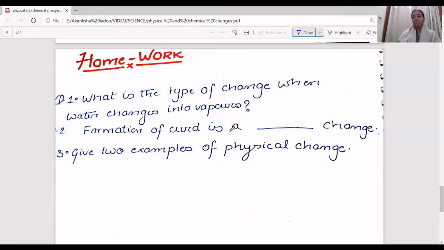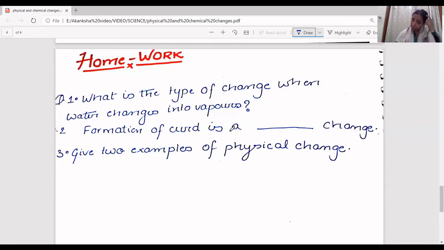So that is a reversible procedure, and therefore it is a physical change. Now, formation of curd is very simple. You cannot reverse the situation. When you form curd from milk, you cannot reverse the change. You cannot get milk from curd. So it is a chemical change.